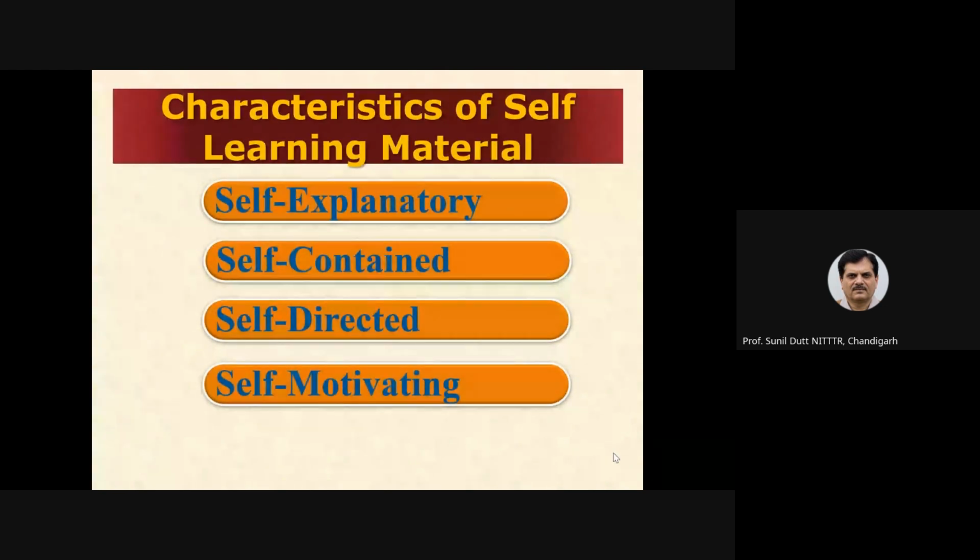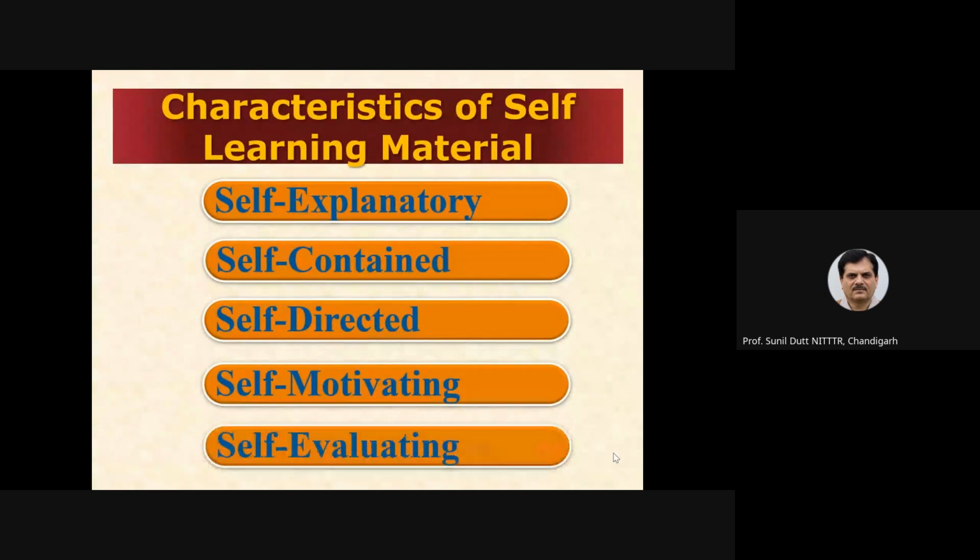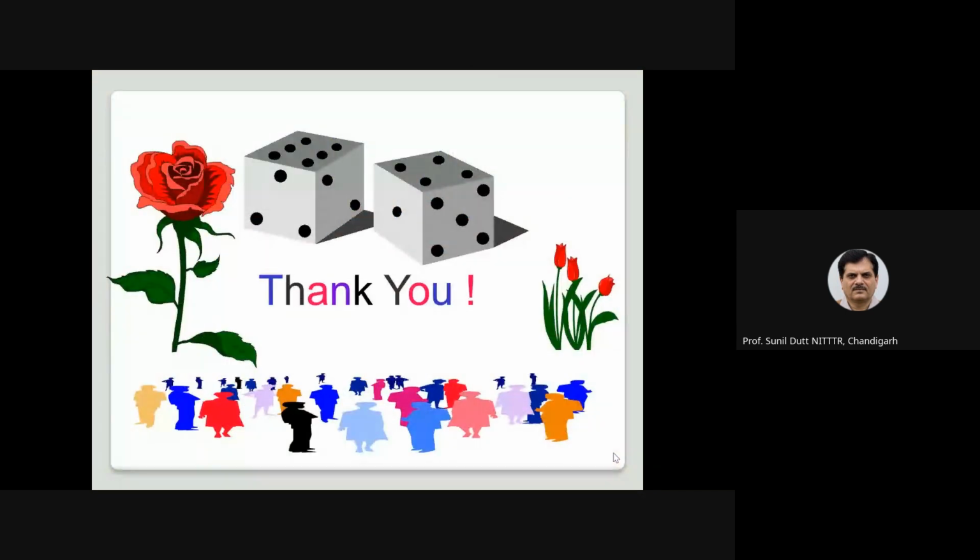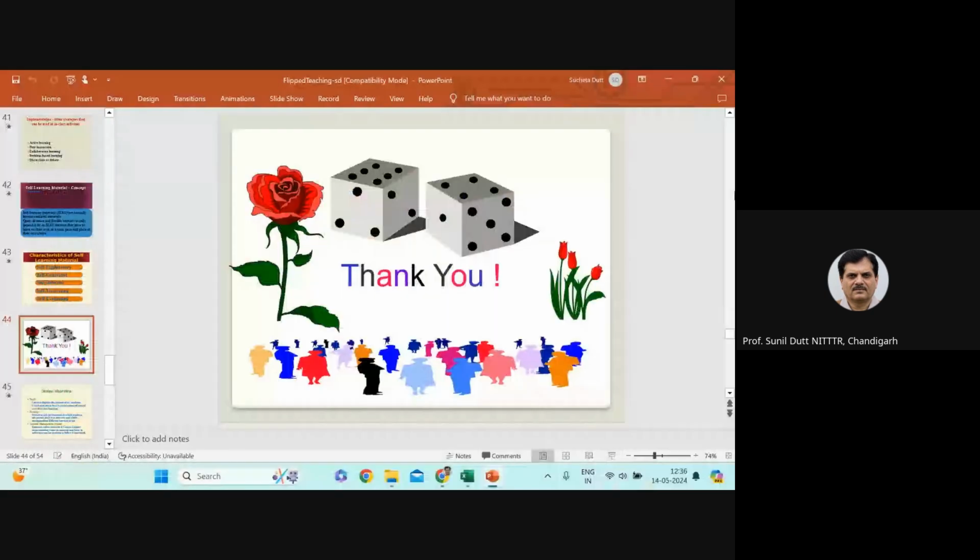You can write some material in a rectangle illustration, or you can also append a video; that is self-motivating. And another is self-evaluating, which means that you will give questions followed by feedback. So as far as this part is concerned, I think it is okay.